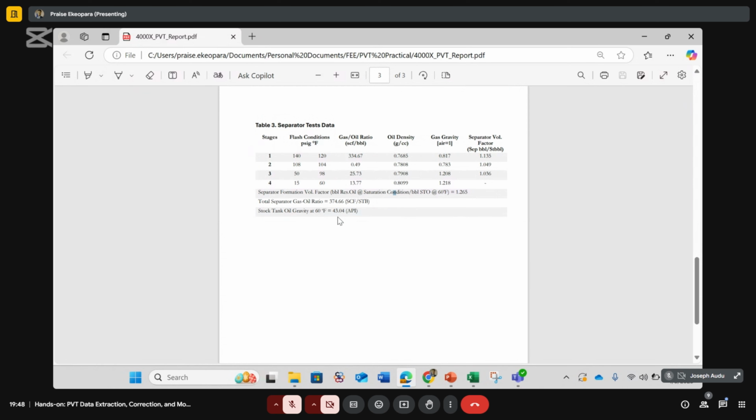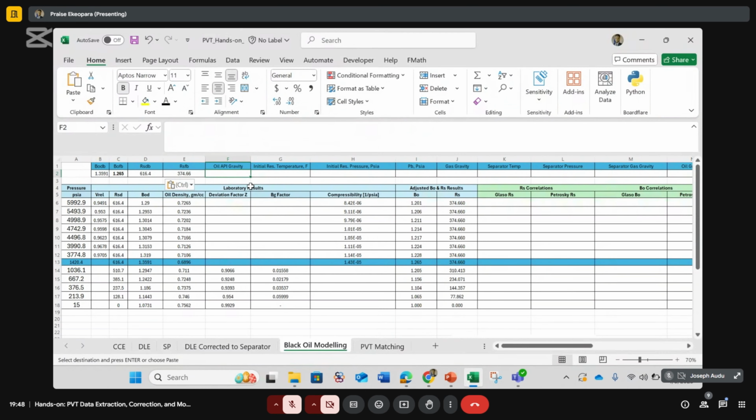You can use it and calculate your API, but for the purpose of our class, I'll just go ahead and use this 43.04. So 43.04, right?